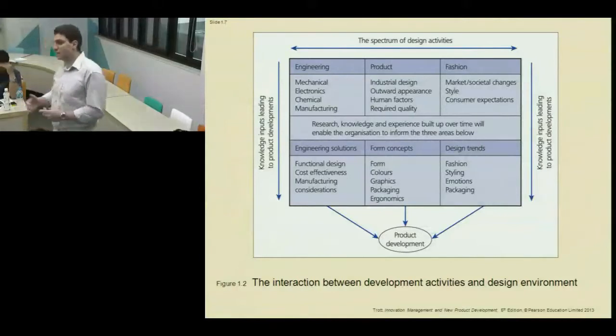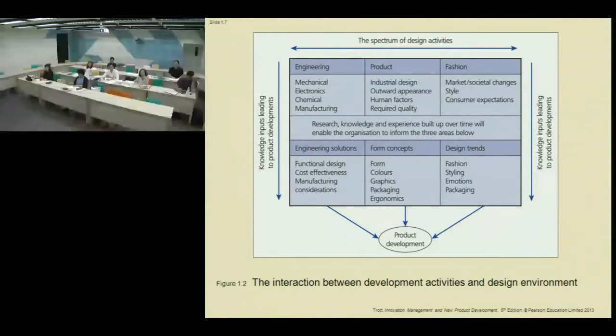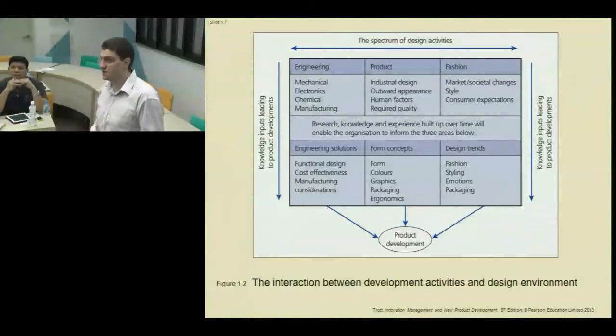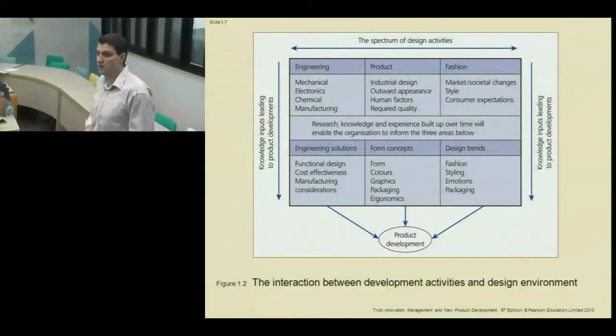Then again, we have the interaction between development activities and design environment. So we have the spectrum of design activities. We have engineering, which is mechanical, electronics, chemical, anything that's related to manufacturing. We also have product: industrial design, human factors, required quality, and so on.